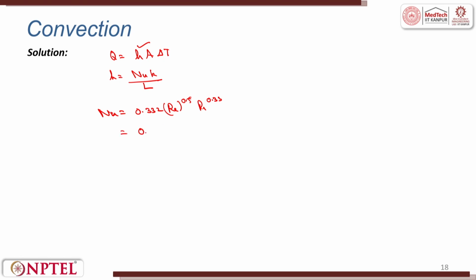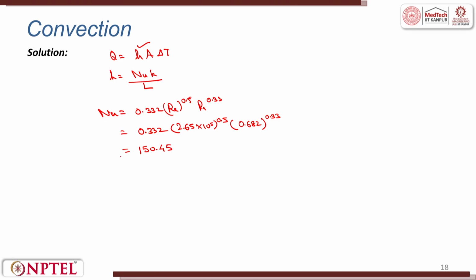Putting the values, this is 0.332 into Reynolds number's value 2.65 into 10 raised to power 5 to the power 0.5, and we have Prandtl number, that is 0.682 to the power 0.33. We get Nusselt number value as 150.45, and this is dimensionless.